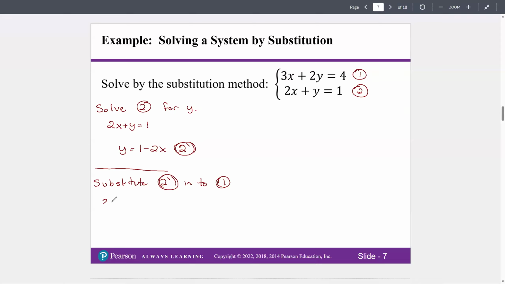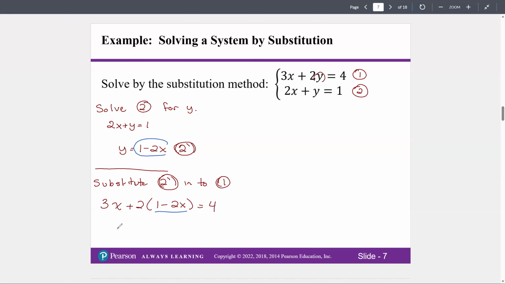So what we're going to have is 3x plus 2, and my whole y here is now going to be replaced with 1 minus 2x. So we're just taking that and putting it in here. And then this should equal 4.